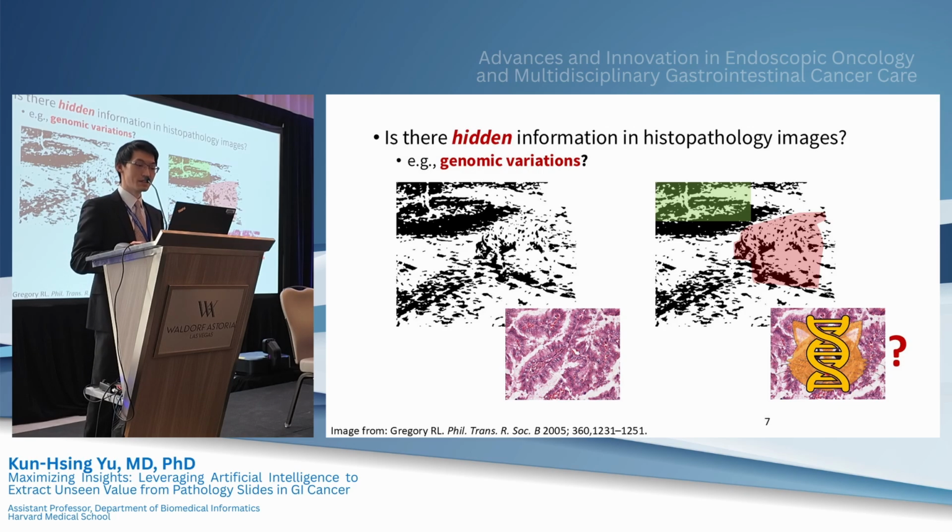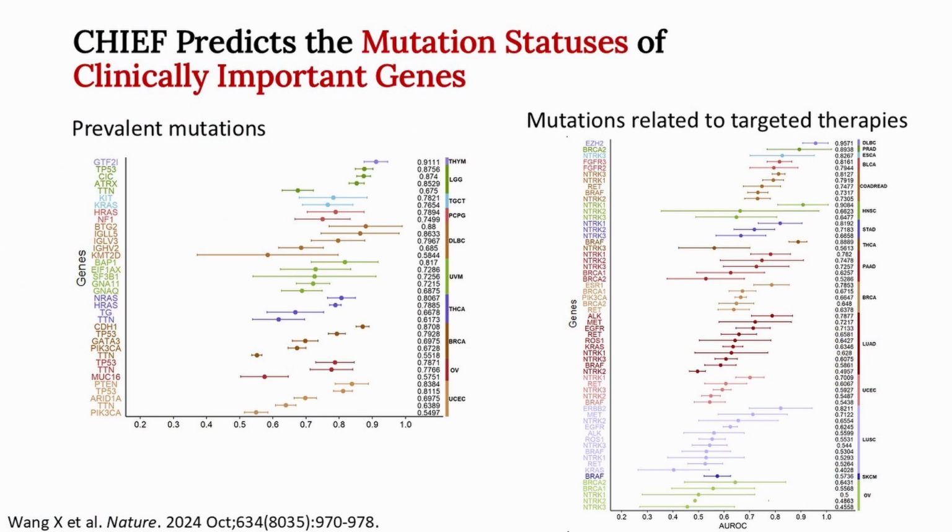For example, can we read out genomic variations directly from this slide? As we know, this is a task that is impossible for most human evaluators. If you ask me, I also would not be able to predict the genomic variations using only the H&E stain slide. However, here we showcase that our AI-based approach can reliably predict the mutation status of many clinically important genes.